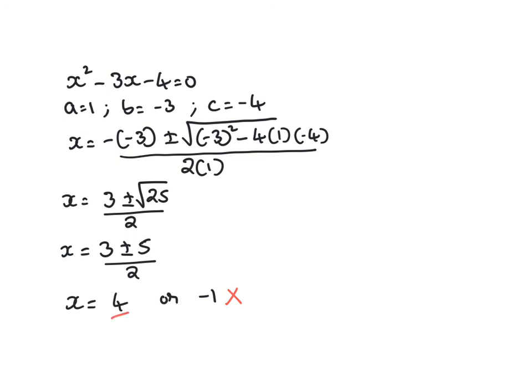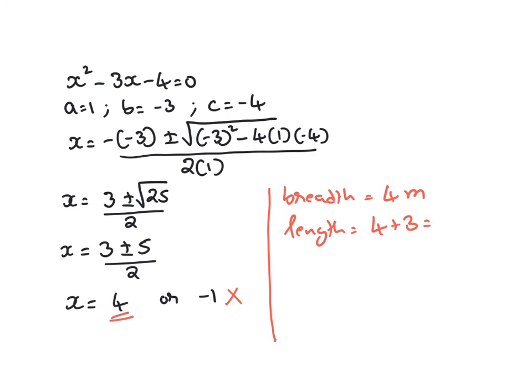So the breadth of the park is 4 meters. And the length of the park is 3 more than the breadth, which is 7 meters. You can verify by taking the area of it and you will get it right.